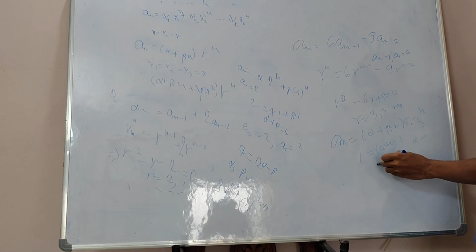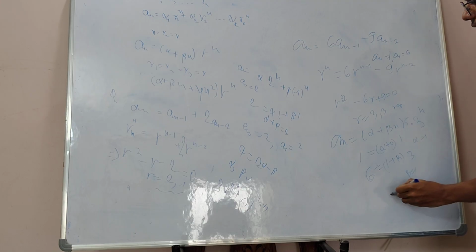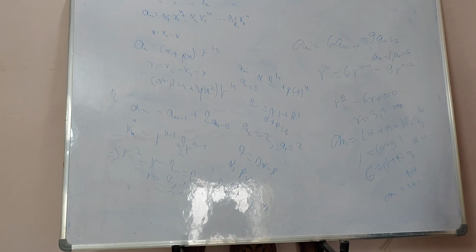Alpha is equal to 1, and then a1 is equal to 6, so it will be written as 6 is equal to 1 plus beta into 3, so beta will be 1. So answer will be given as a_n is equal to 1 plus n into 3 to the power n, right. This is how we will find the solution of recurrence relations, right. So this is all for today.